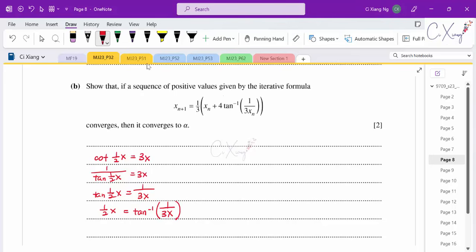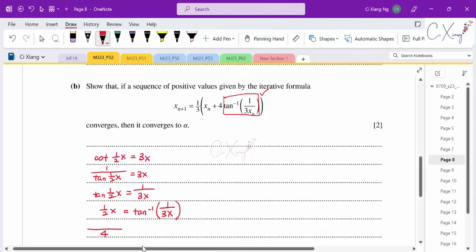So you can see that I already have this part done. After that, if I want to get a 4 outside the tangent, I might want to change my expression to have a 4 at the bottom. If I want the 4 at the bottom, then I will have 2x on top, so that when I simplify, I get 1 over 2x, so tangent inverse of 1 over 3x.